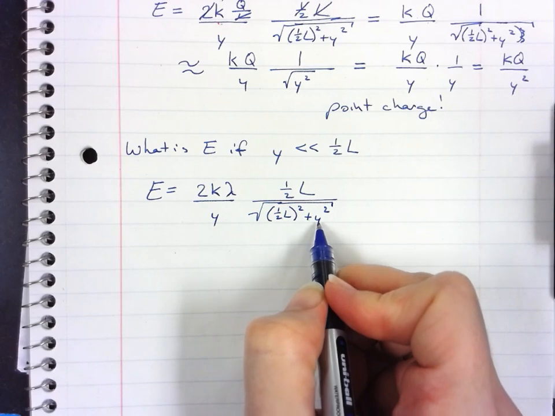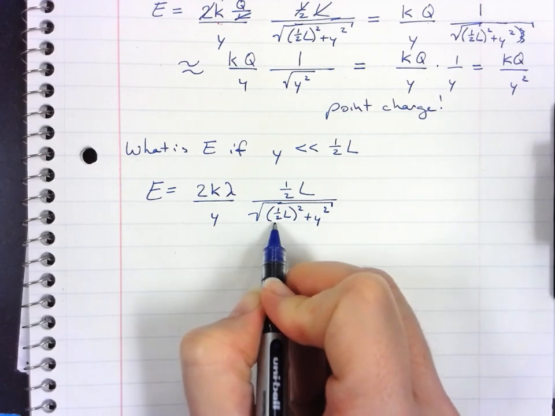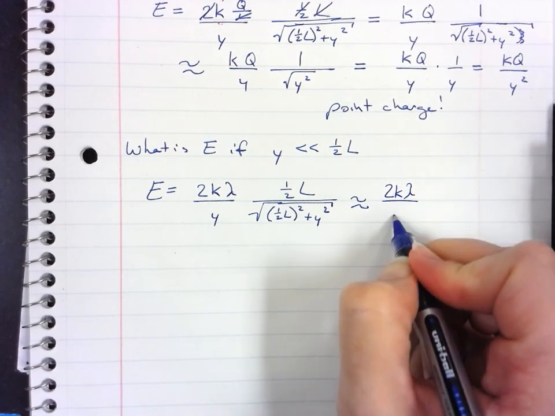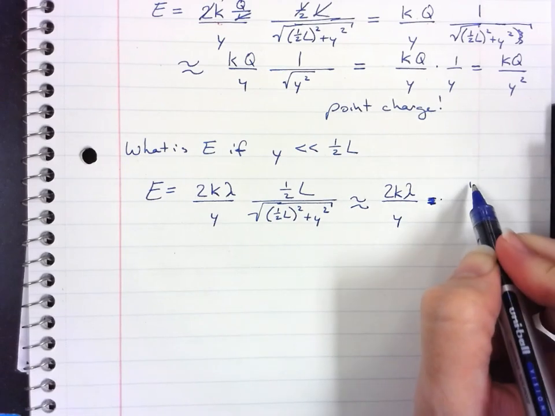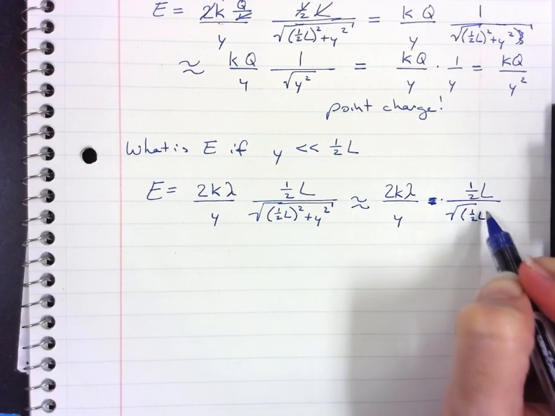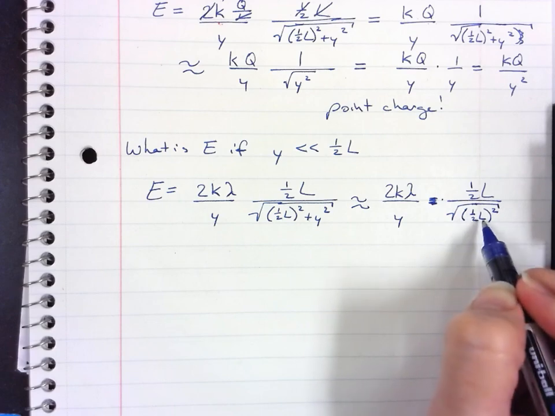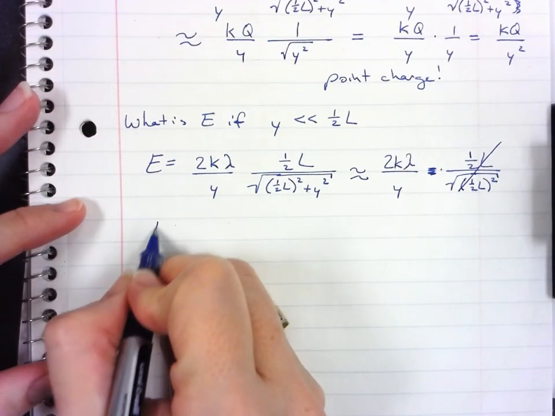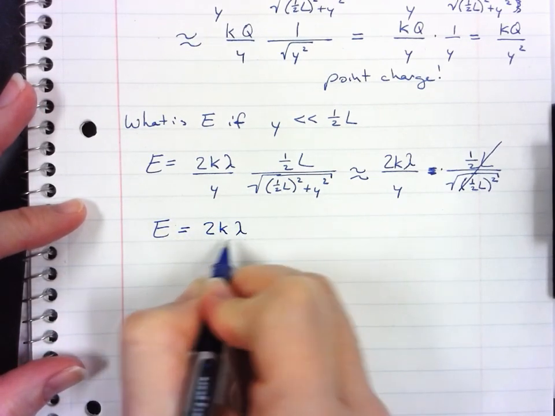If y is much, much smaller, then this denominator is dominated by this term. So this is approximately 2k lambda over y times 1/2 L over the square root of 1/2 L squared. The square root of 1/2 L squared is just 1/2 L, so these cancel out. So this is your second boxed equation from the video, 2k lambda over y.